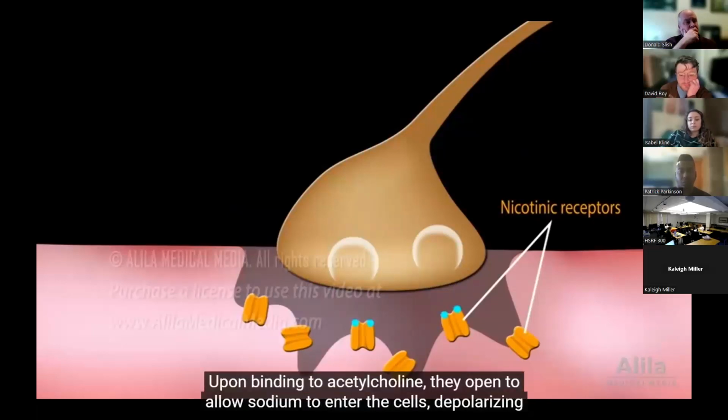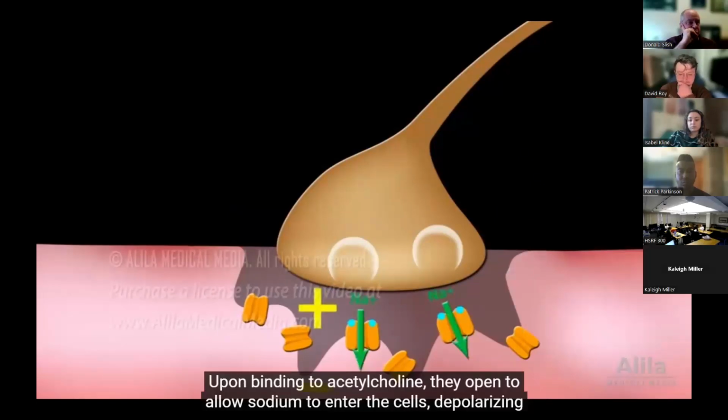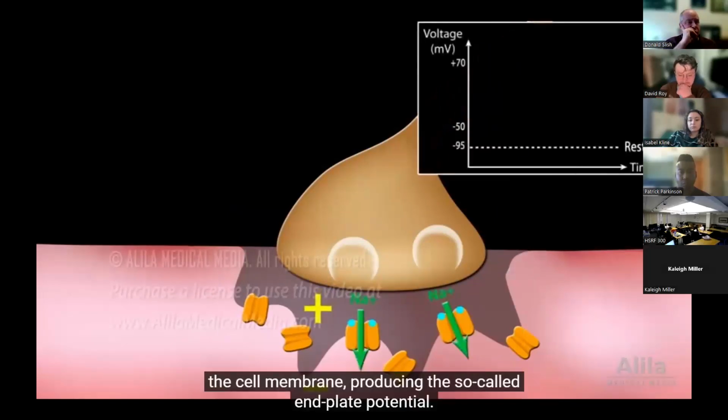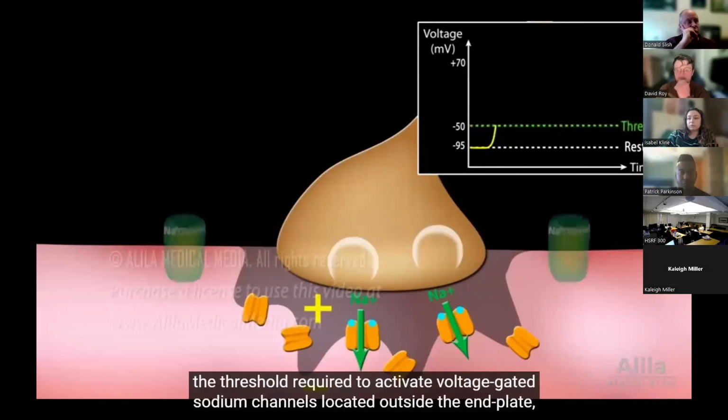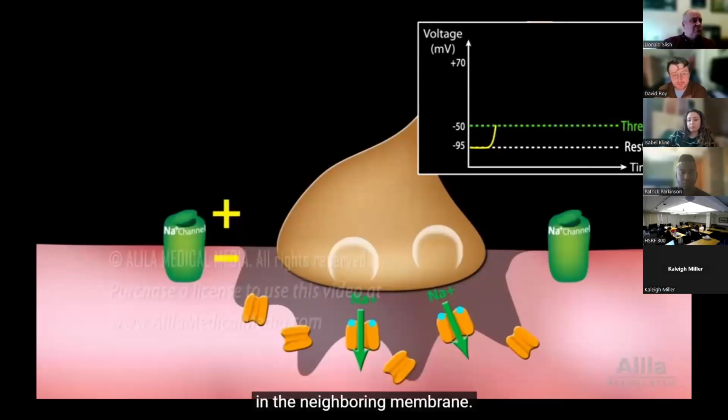Upon binding to acetylcholine, they open to allow sodium to enter the cells, depolarizing the cell membrane, producing the so-called end plate potential. An action potential is generated in the muscle cell only when the end plate potential reaches the threshold required to activate voltage-gated sodium channels located outside the end plate in the neighboring membrane.